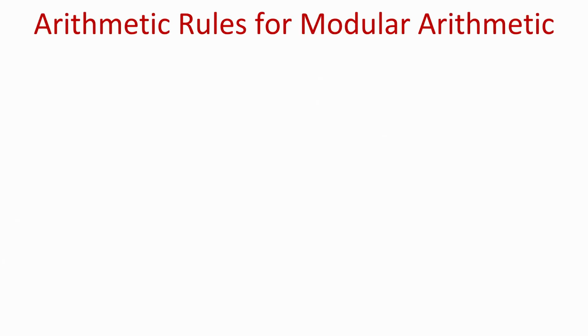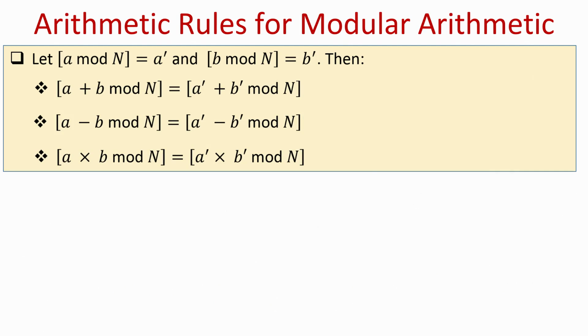So, we have some well known arithmetic rules for modular arithmetic. For instance, if we have two numbers a and b, and if I know that a modulo n is a prime and b modulo n is b prime, then I can say that a plus b modulo n will be the same value as you obtain by doing the operation a prime plus b prime modulo n.